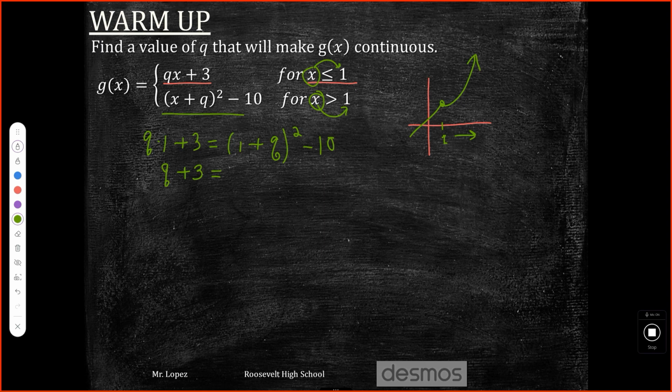So this is going to be 1 plus q times 1 plus q minus 10. So continue on, q plus 3 is equal to 1 plus q plus q plus q squared minus 10. Bring it down.